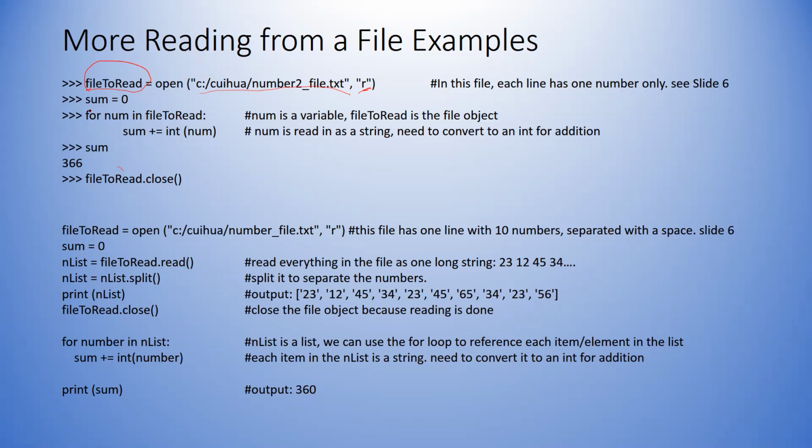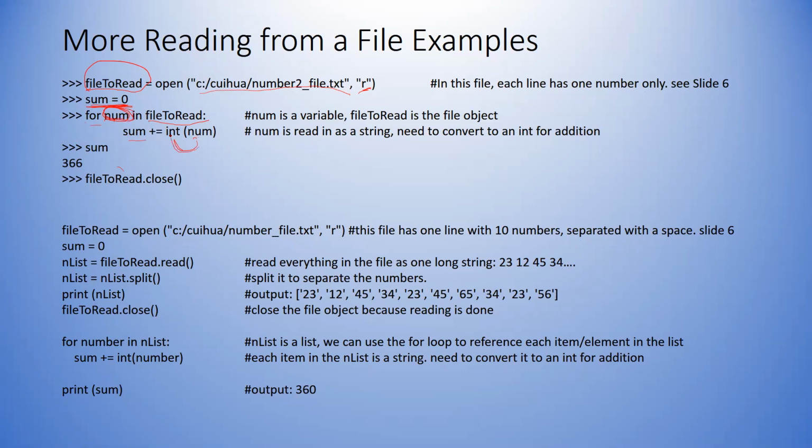Now we initialize a variable sum to 0, and for num in file to read, this is the for loop, so this will reference each line in file to read. We convert it to an int because it is a string, and because we want to do addition.